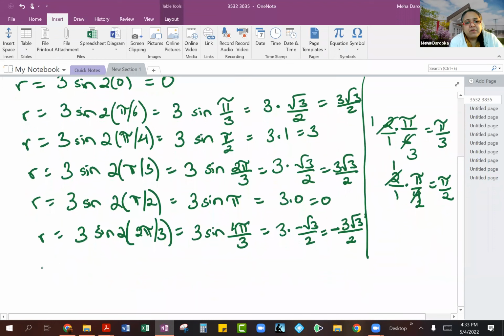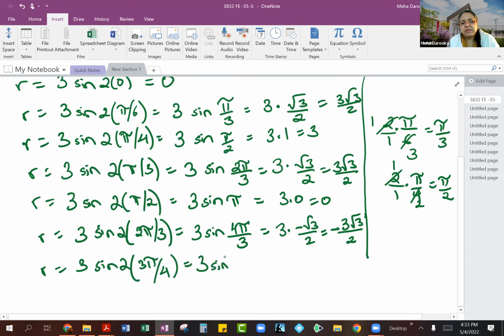For 3 pi over 4 as your theta value, what will this angle clean up into, guys, when you multiply 2 times 3 pi over 4? Three pi over 2.